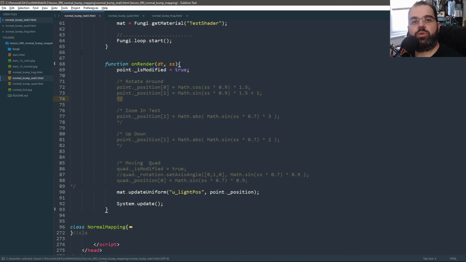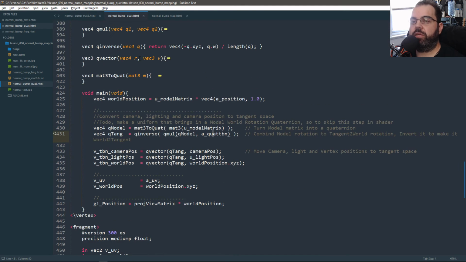So that's how you do it with the matrix. Now I found this one cool example of one guy who said he uses quaternions for everything. So I read what he does, and I managed to put together an example of what he does. It's actually the exact same concept.